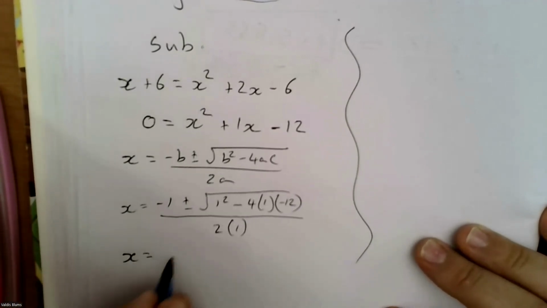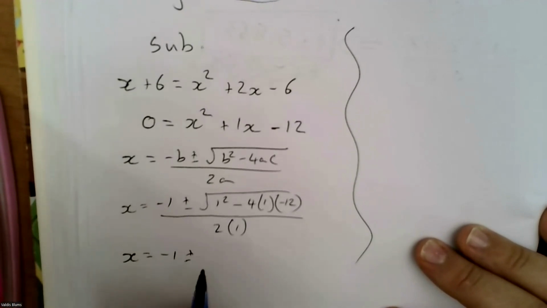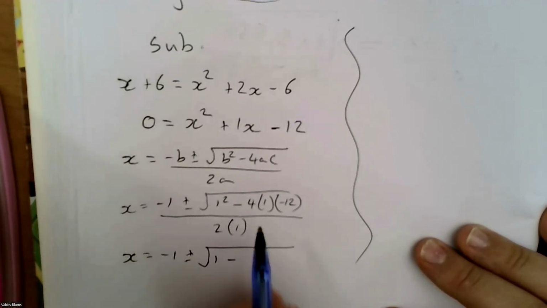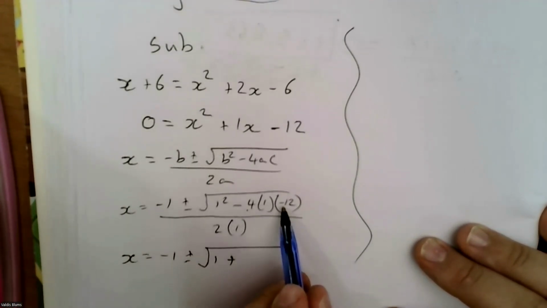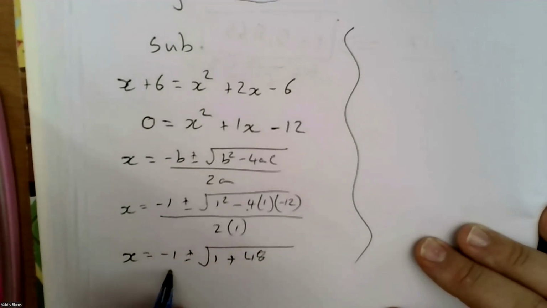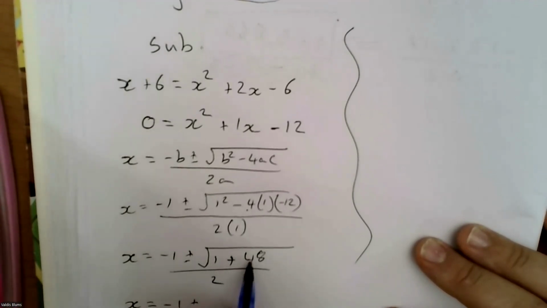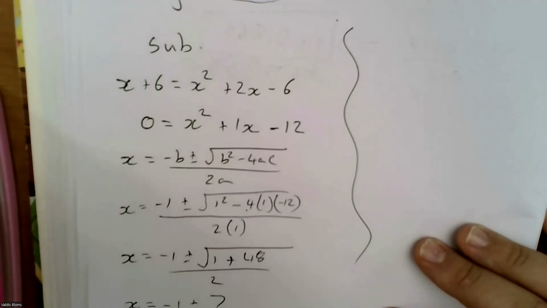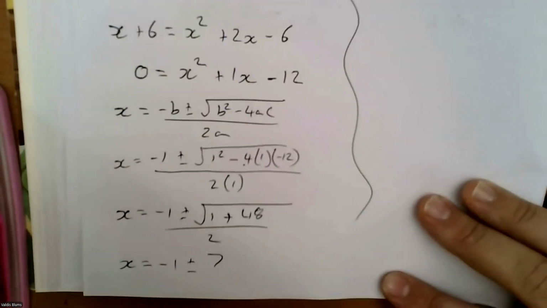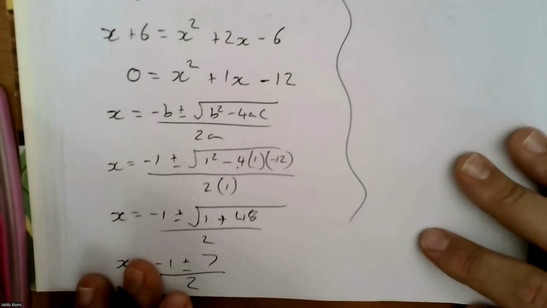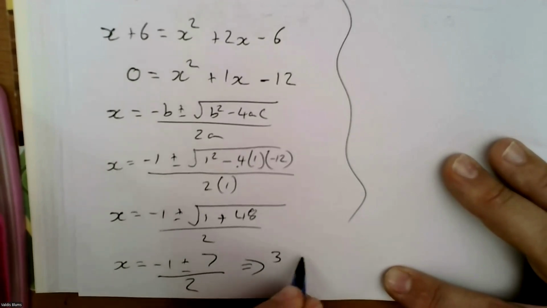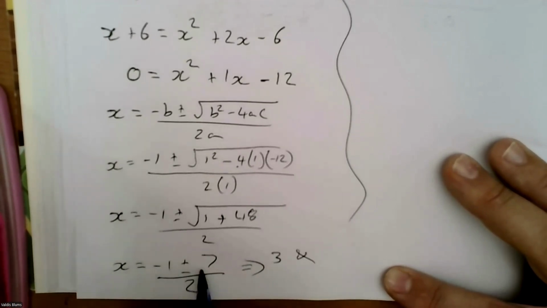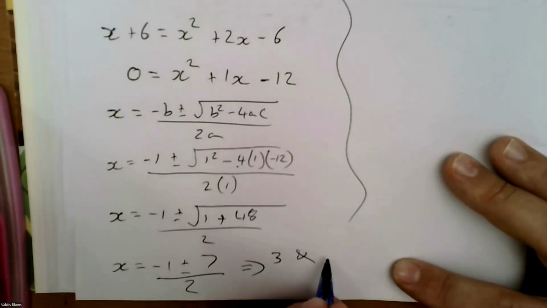Simplifying this, we have x is equal to minus 1 plus minus square root 1 minus, so minus minus, that's actually a positive, 4 times 1 times 12, that's 48. Over 2, so x is equal to minus 1 plus minus, that simplifies to 49, square root of 49 is 7, over 2. And so our x solutions are going to be 6 on 2, which is 3, and minus 8 on 2, so minus 4.